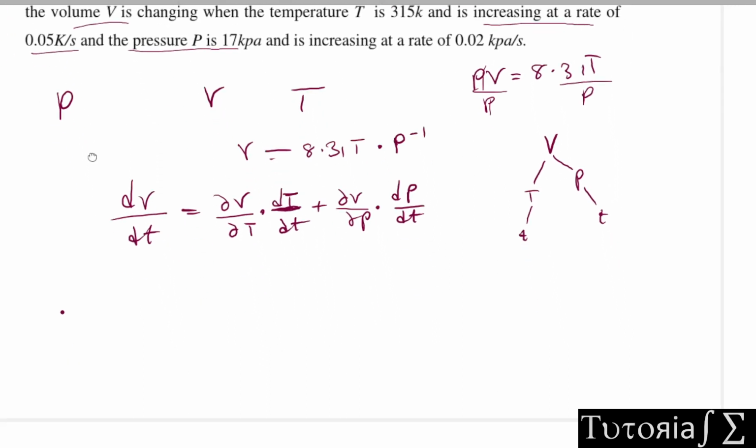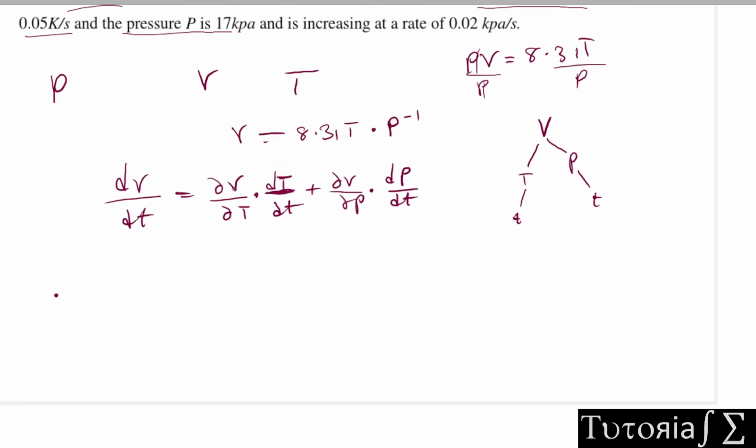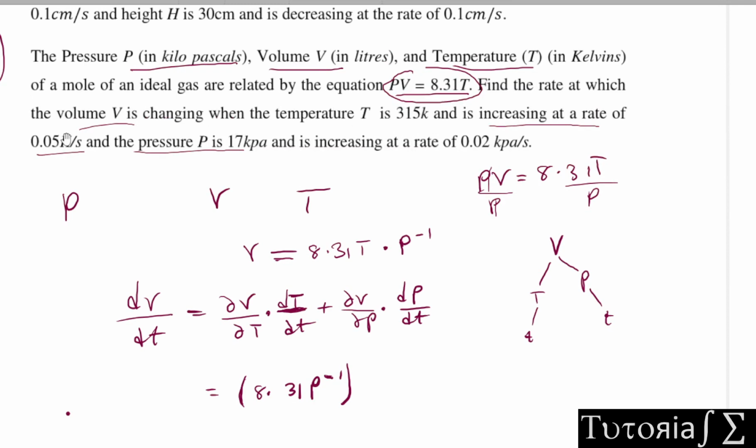So now we just need to find V with respect to T. So this is our V. So V with respect to temperature. So the temperature will be gone here. We'll just remain with 8.31, then P to the negative 1, times the temperature dt, so the rate of temperature.